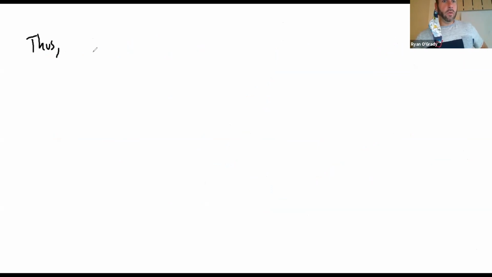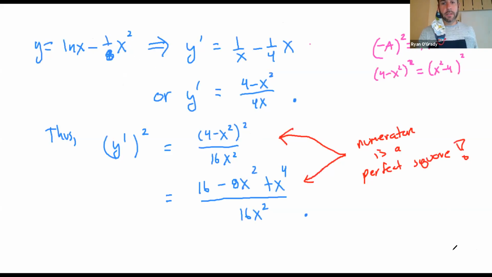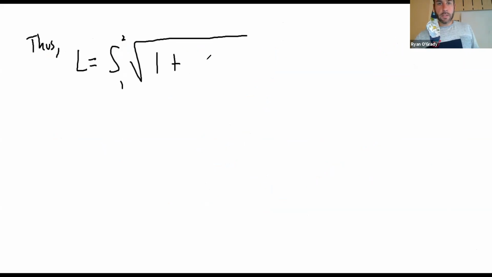The length we're after is the integral from 1 to 2 of this ugly square root. So it's 1 plus, and on the previous page we calculated it, so we know what it is. It's 16 minus 8x squared plus x to the 4th, all over 16x squared.